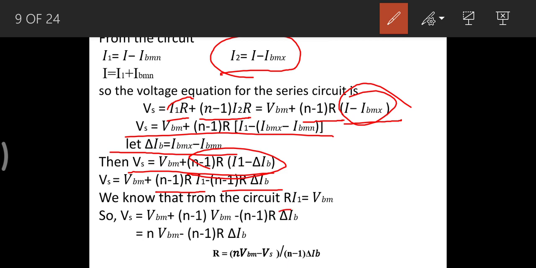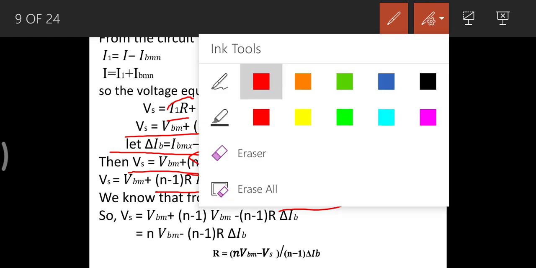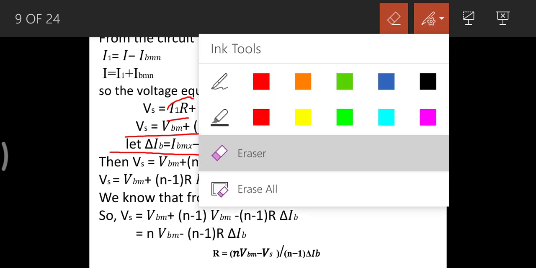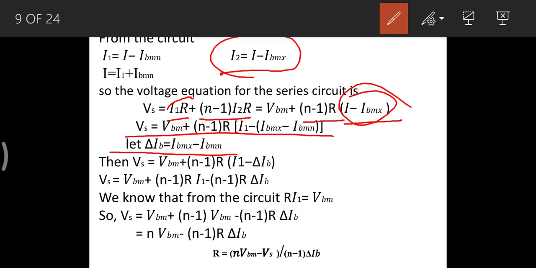So already we calculated VBM, that means the voltage across the first element, as R into I1. Now I am replacing this R1 into I1 with VBM. So the equation becomes like this.